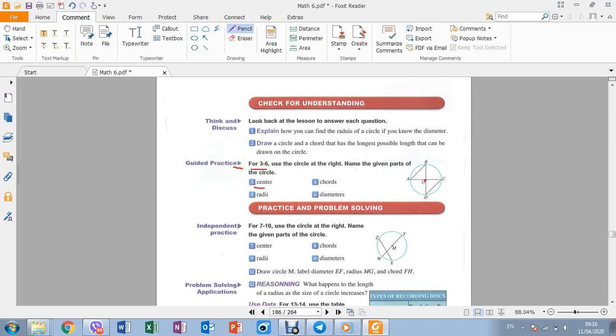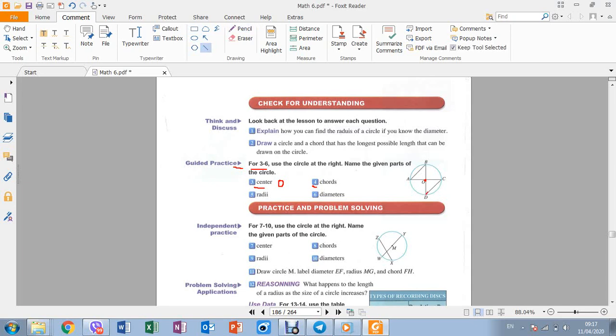O. So you tell me point O at the center. Chord, what is a chord? I told them a chord is a line segment that has two endpoints, but it doesn't pass through the center. So I show them chords now.